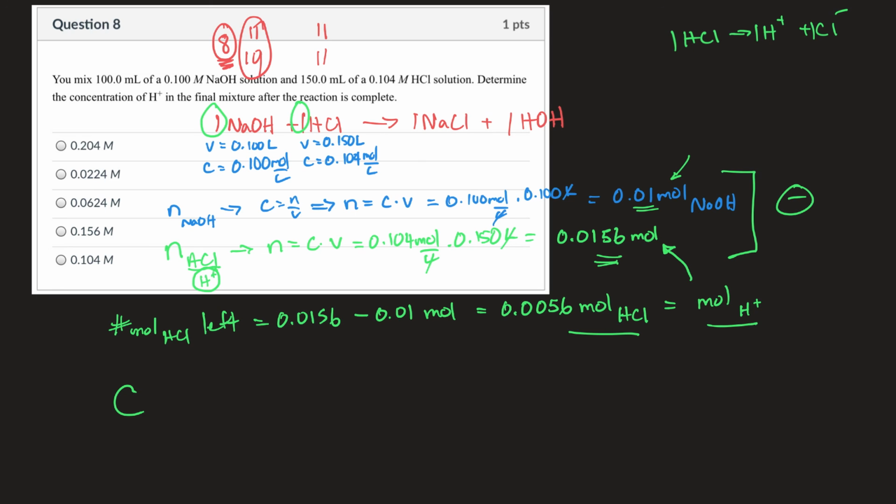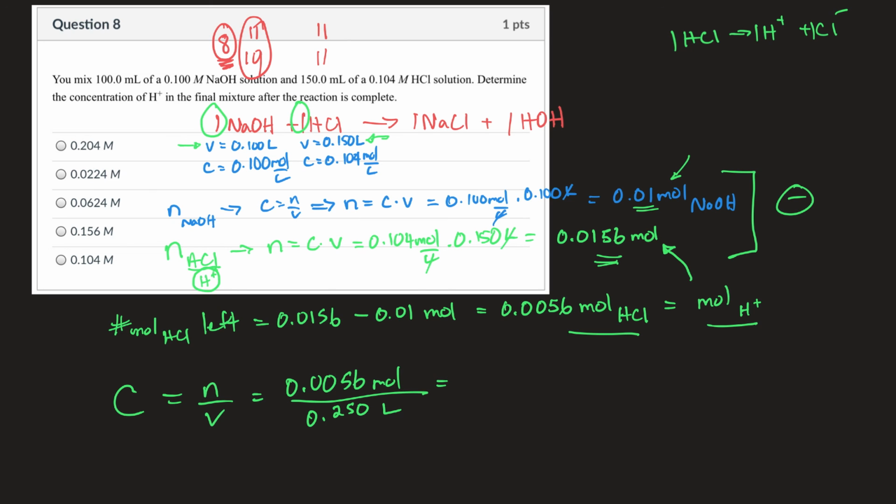So the concentration is equal to moles over volume: 0.0056 moles divided by the volume. Now here you have to be careful because you've dumped these in together. So you don't just have this volume of HCl, you've got this volume of NaOH there too. So your total volume is going to be 0.250 liters.